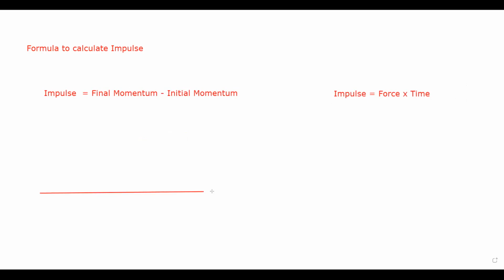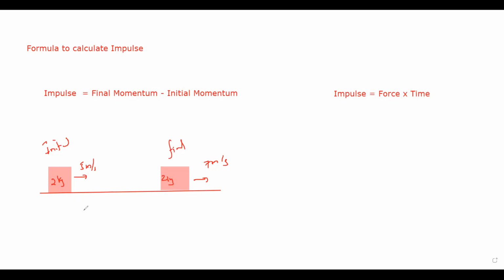Example, an object is there and the speeds of the object are given, like an object of mass 2 kilogram moving with 5 meter per second and changes the speed to 7 meter per second. So that is the start or initial, and this one is the final.